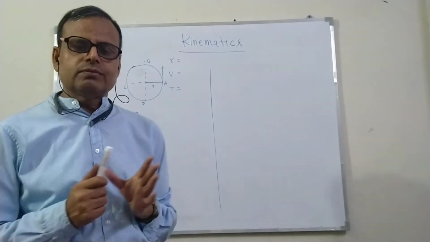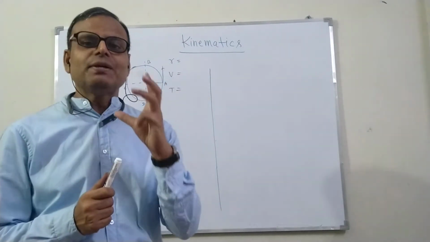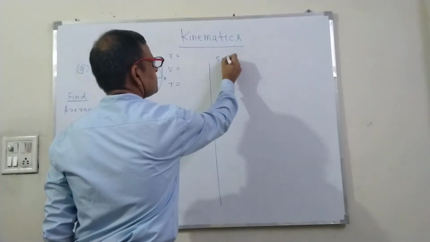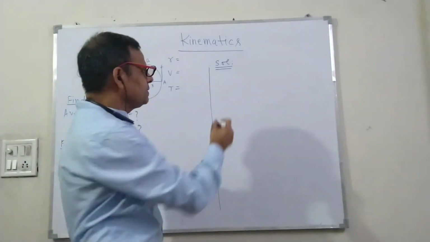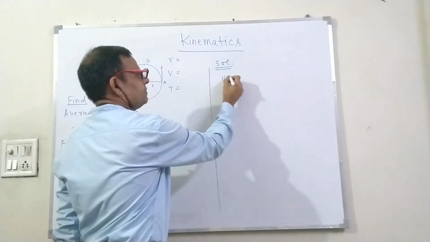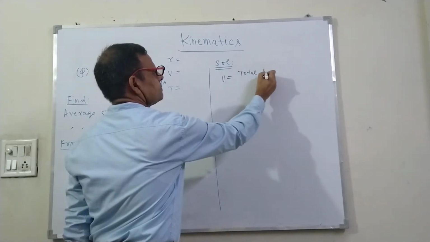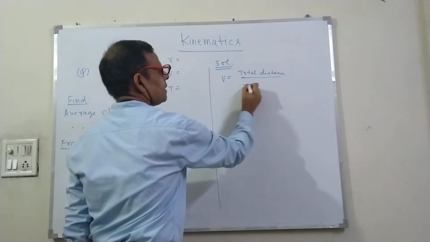We all know the formula for average speed: V is equal to total distance by total time.